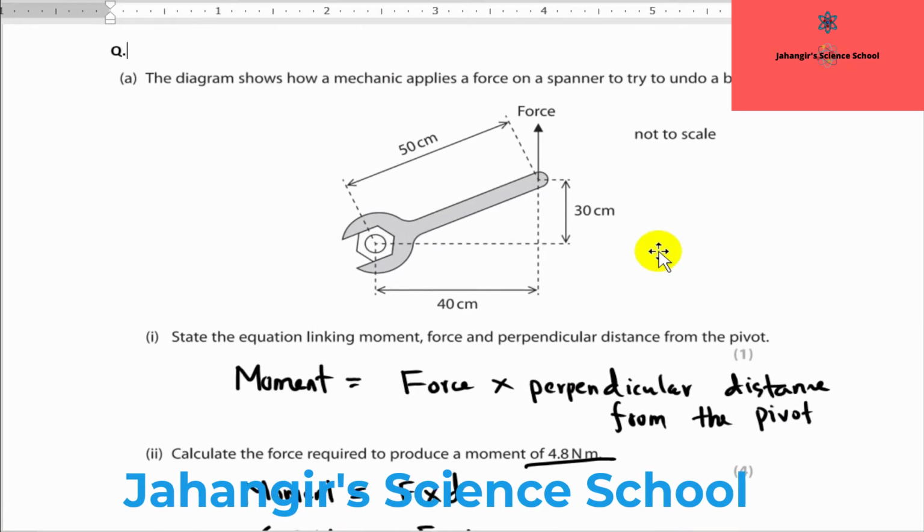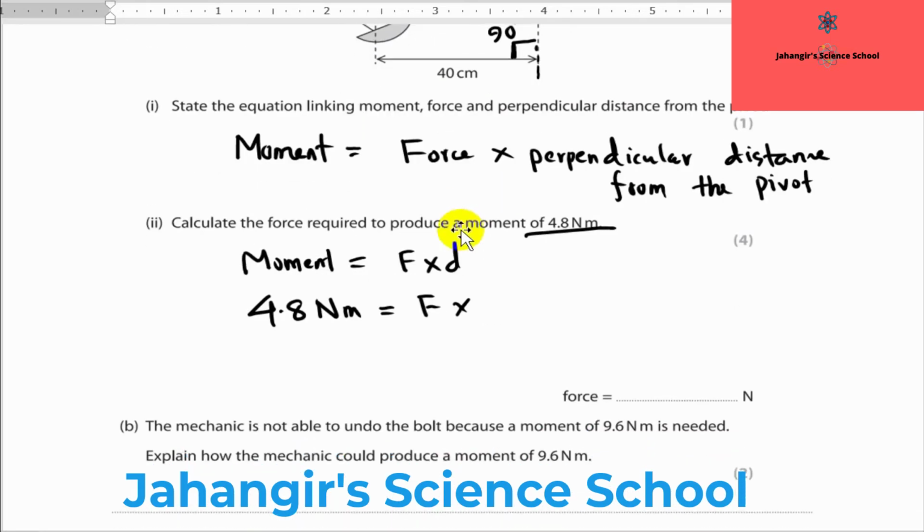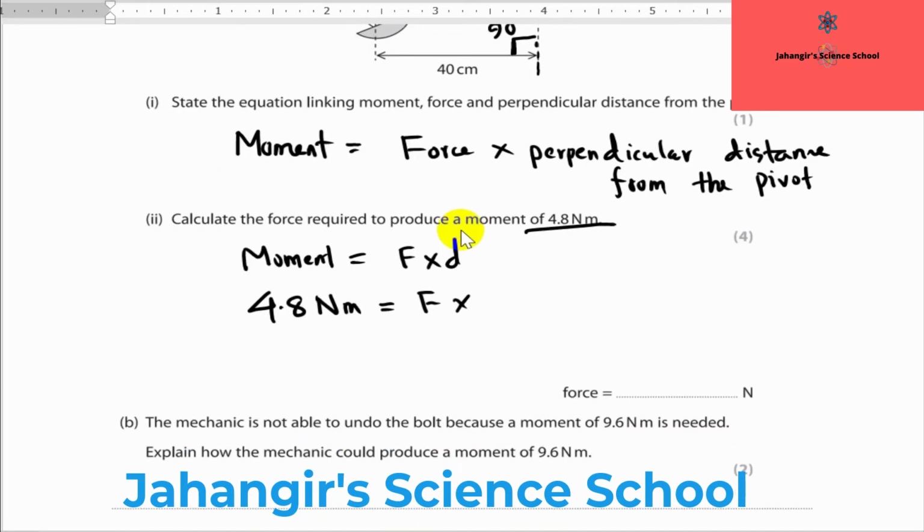Look at the diagram. The force acts vertically upward. So perpendicular distance means the line of action of the force to the pivot is at a 90-degree angle. That means 40 centimeter. But we have to convert this centimeter into meter.